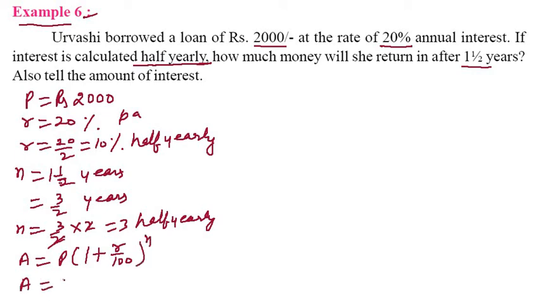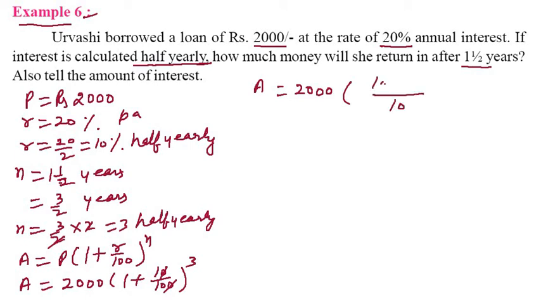So amount will be equal to P, which is 2000, and 1 plus R, which is given as 10%, and power is 3. So 0 will be cancelled with this 0, and taking the LCM. So amount will be equal to 2000 and here the LCM is 10. So here is 10 plus 1 and whole power is 3.